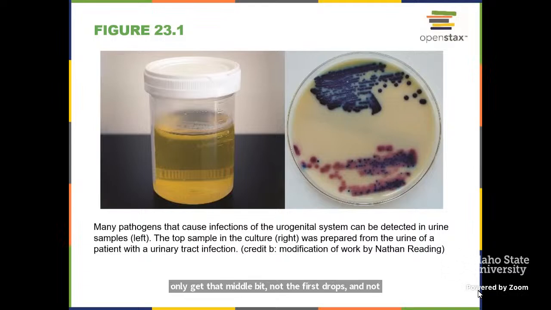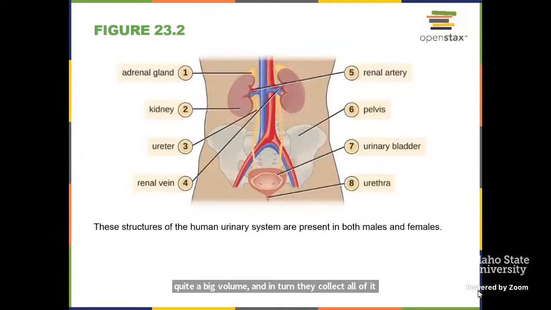There are other cases where they want all of it, and they typically want the very first urination in the morning, when you've got quite a big volume, and they collect all of it from first to last drop, and there are other things that they do with those samples. There are lots of other potentials when we think about urine samples, to look at things and gauge some potentials, some of it lending to the thought that maybe there is an infection happening.